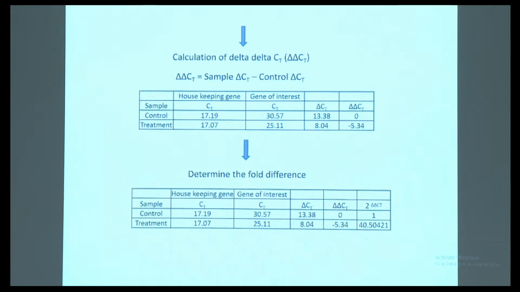It may be in negative, like Kufri Bahar may be having expression of some gene higher than the Kufri Jyoti. It may be negative, it may be positive. So you'll see the significant difference is there, at least 2-fold difference. It is the significant difference. It has to be more than 2-fold difference. मतलब उसका expression 2 गुना तो होना ही होना चाहिए.